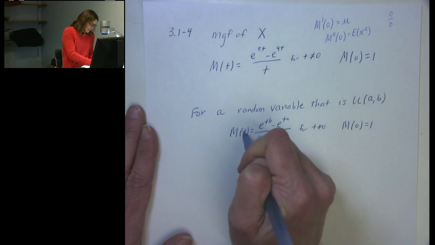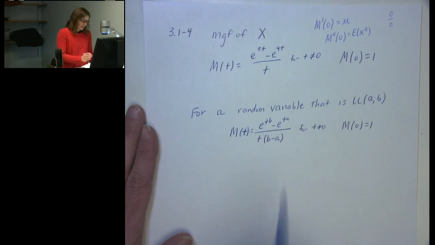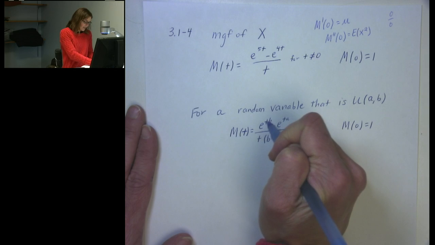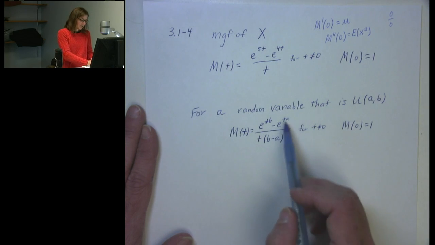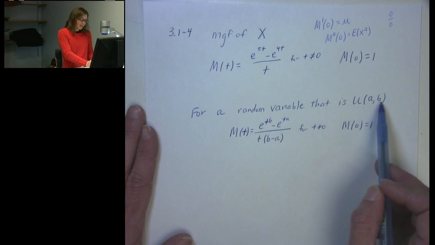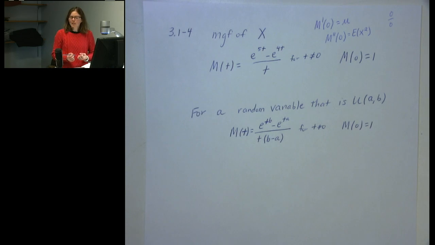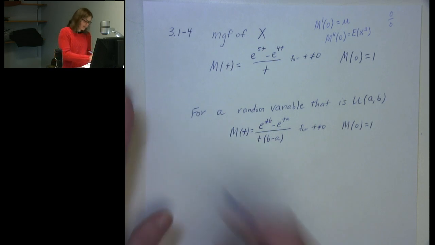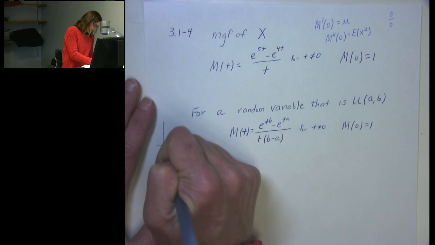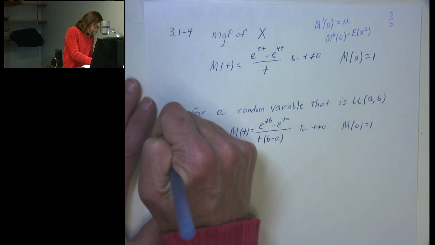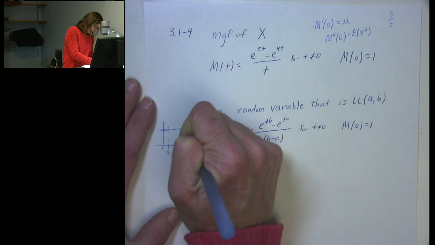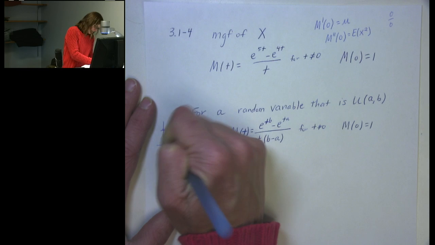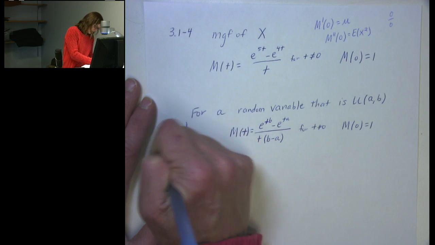So this is the general form for the moment generating function of a continuous uniform distribution that's uniform on the interval from A to B. And by uniform, what that means is that the probability density function is equal on that entire interval, from A to B. It should really only be defined here. Pretend that's not there, but it would be constant over this range and then 0 elsewhere.